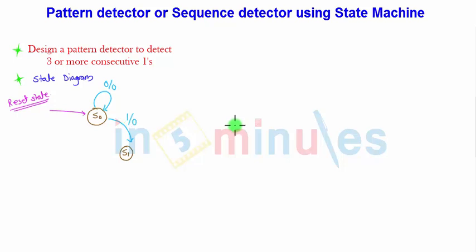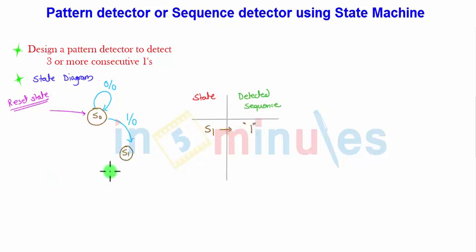At the same time, I need to find out the detected sequence simultaneously with the state, so I'll make a small table here. State S1 indicates that it has detected 1.